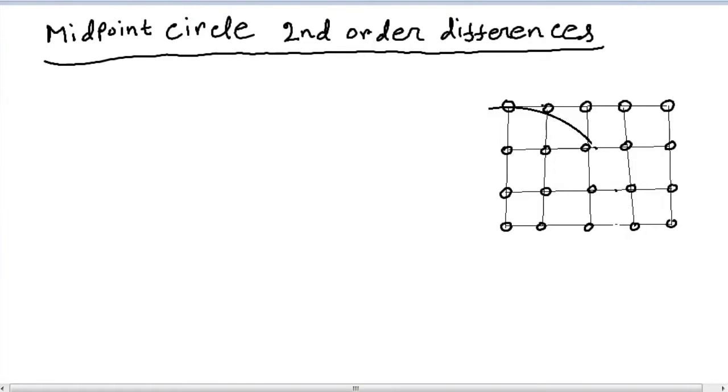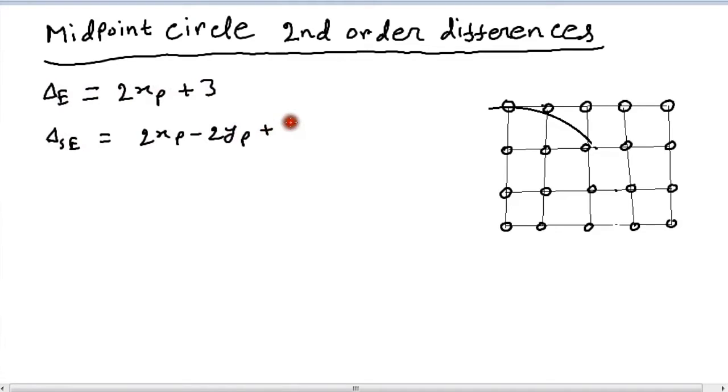Now you remember in the last tutorial that we had our del E equal to twice XP plus 3 and our del SE equal to twice XP minus twice YP plus 5. Remember how these two equations are variables due to the presence of XP and YP.